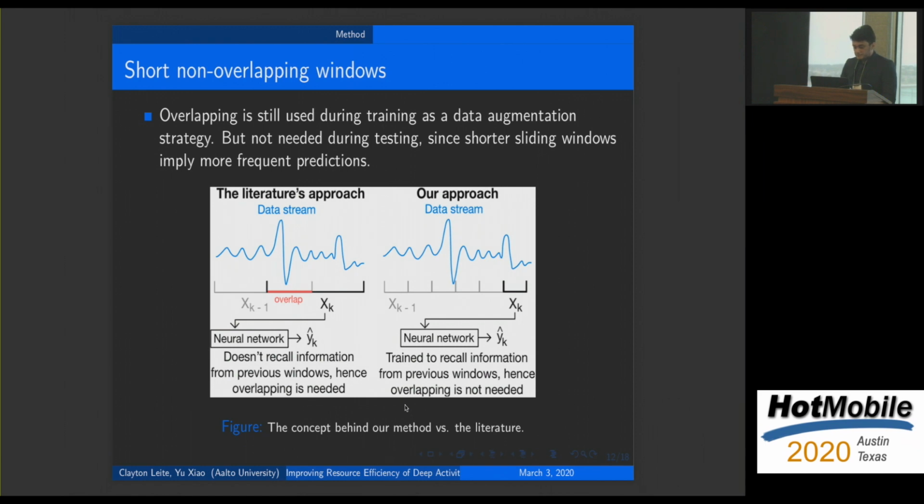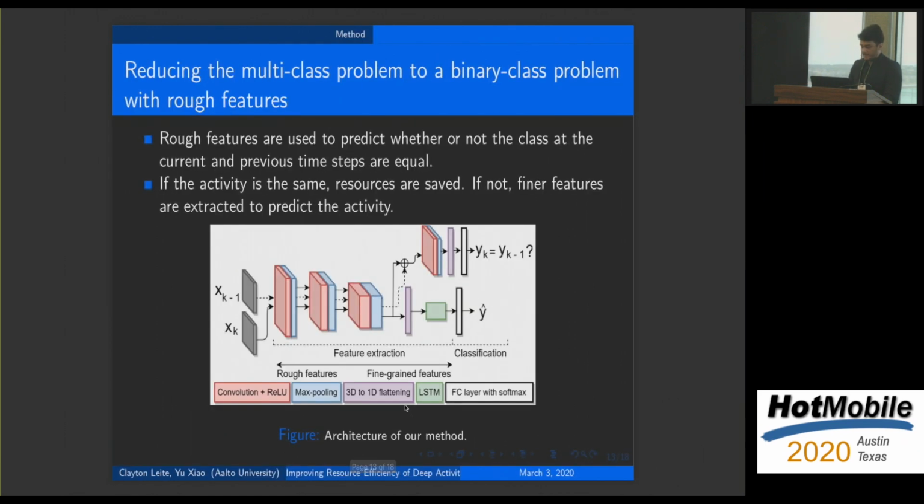So the third redundancy we talked about: for example, in the activity walking, as I said, you can perform it for 20 minutes. So maybe instead of running through the whole duration of the activity, when you detect the person is walking, maybe we can ask, is the person still walking, instead of asking what kind of activity the person is performing.